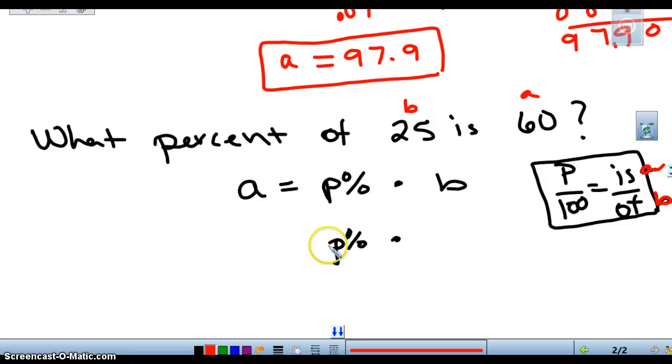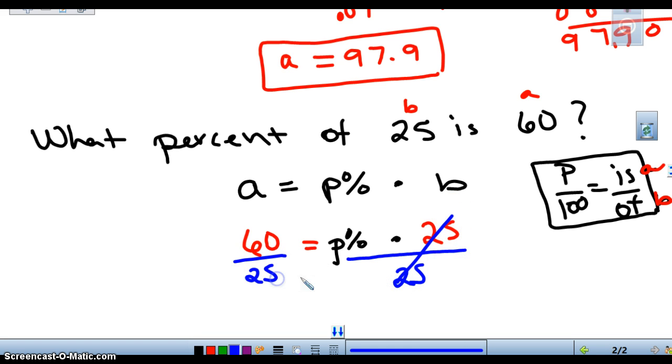A little bit. So if we substitute A is 60 and B is 25, can we solve for P? What do we have to do? Divide. Why divide? Because it's multiplication and you do the opposite.